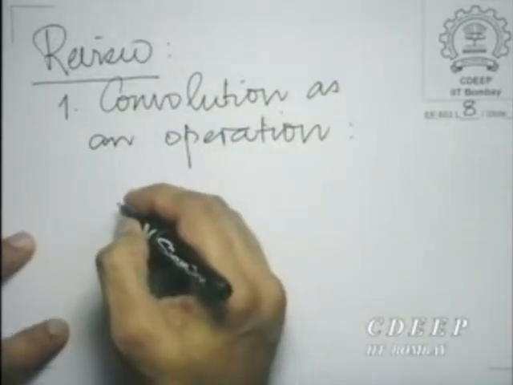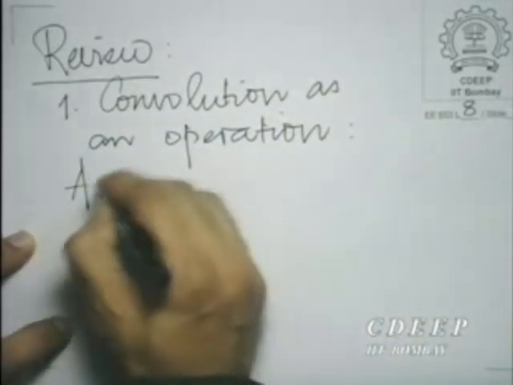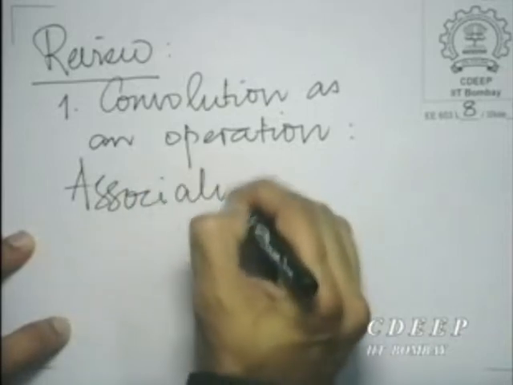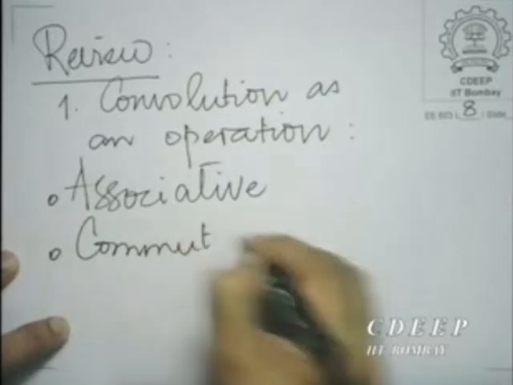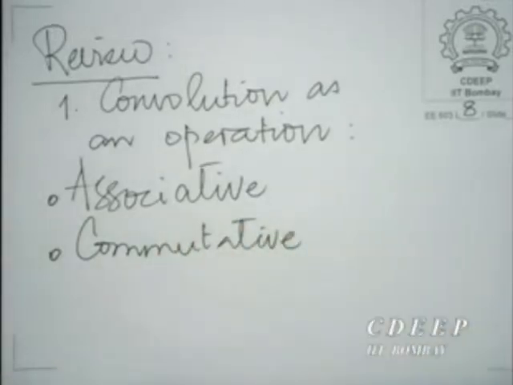And we had seen that convolution is associative and convolution is commutative. Now, a specific implication of these two properties is that because of the associativity of convolution, when I have two systems connected in cascade, they can be replaced by a single system with an impulse response given by the convolution of the impulse responses of the two systems in cascade.